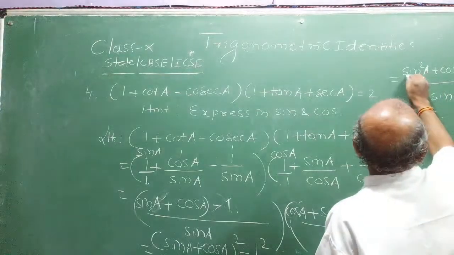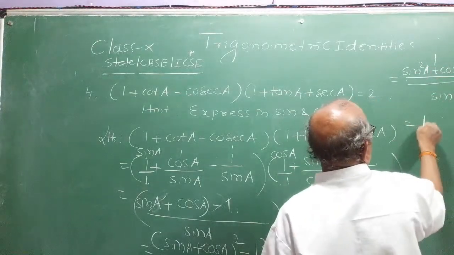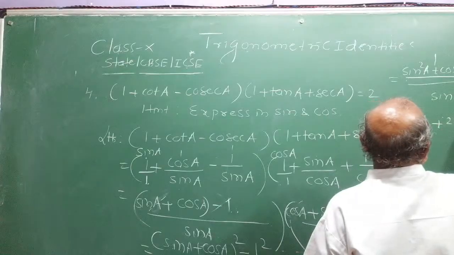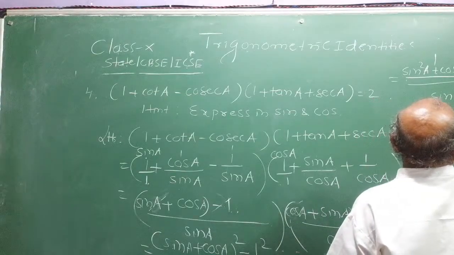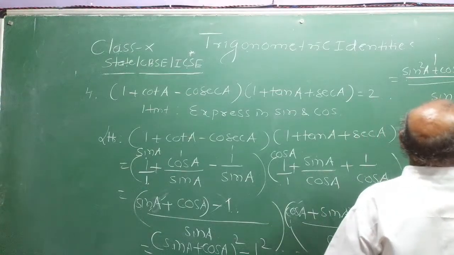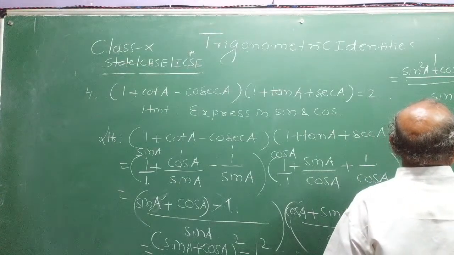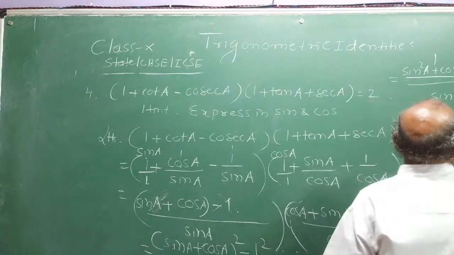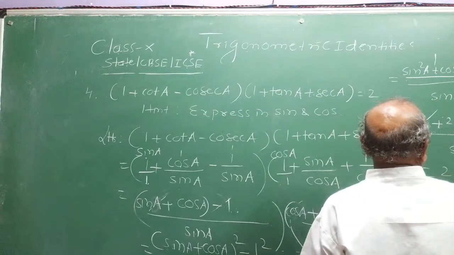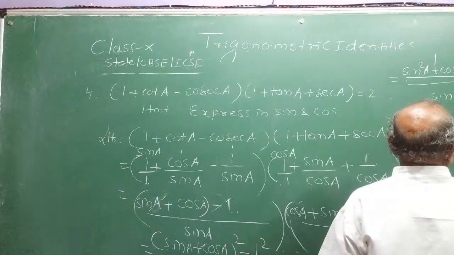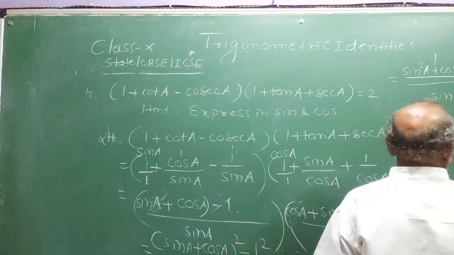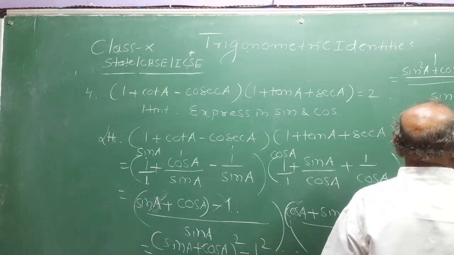You can observe here sin square A plus cos square A is 1 plus 2 sin A into cos A minus 1 divided by sin A into cos A. Observe, plus 1 minus 1 cancels. You will get 2 sin A into cos A divided by sin A into cos A.